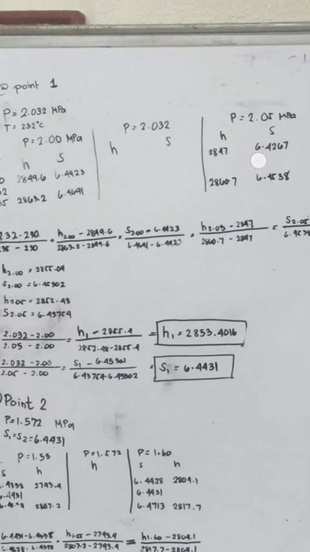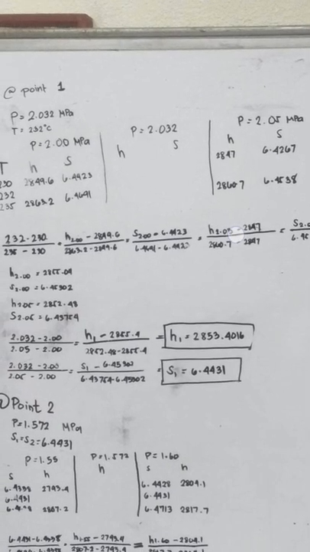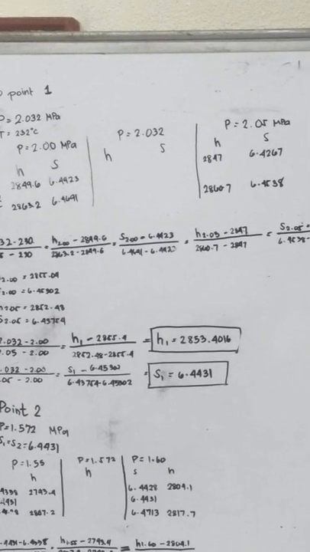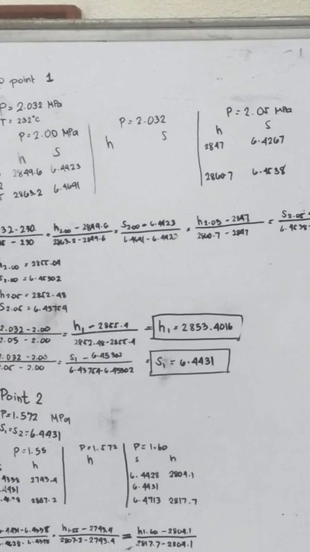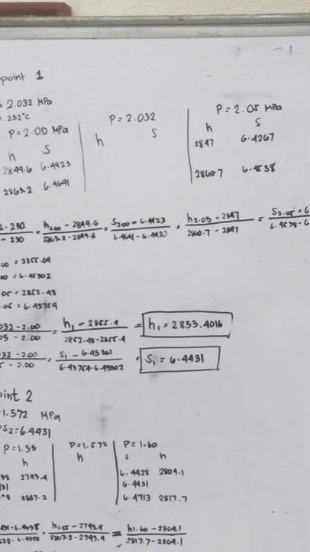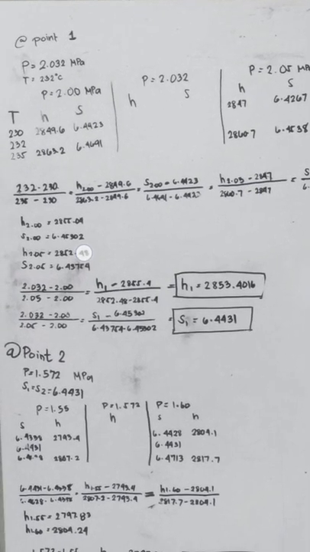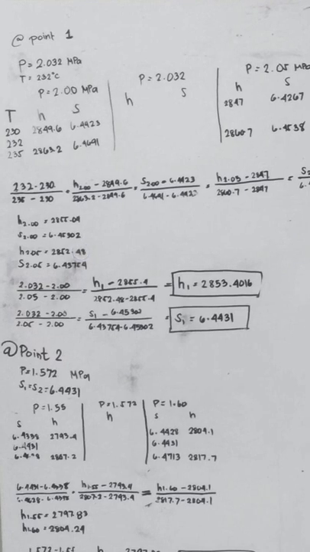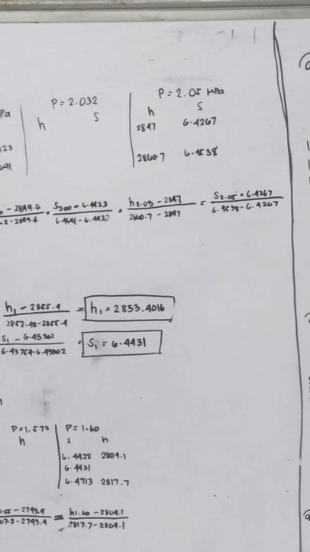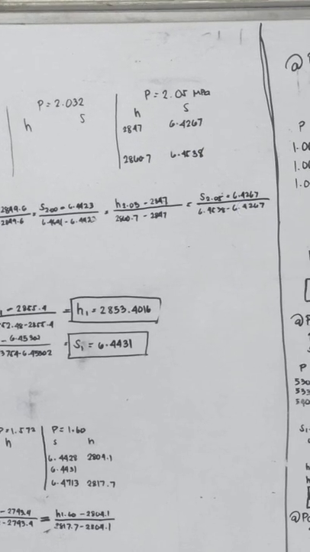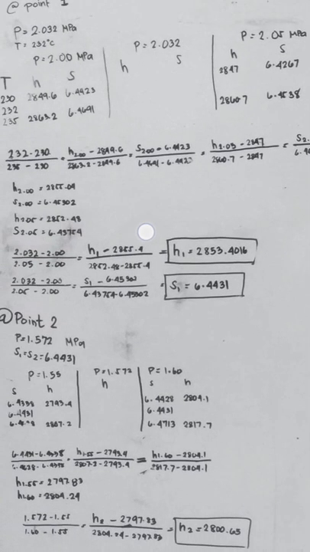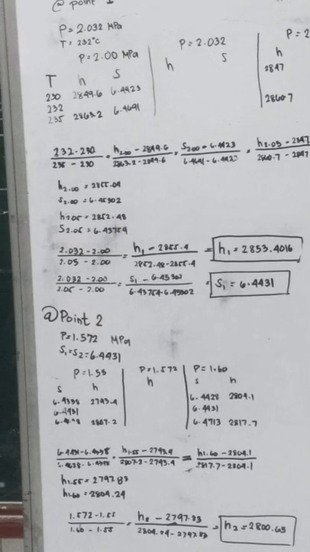For the other pressure, on the left side, we substitute the given enthalpy and get 2852.58, and likewise the specific entropy is 6.43754.